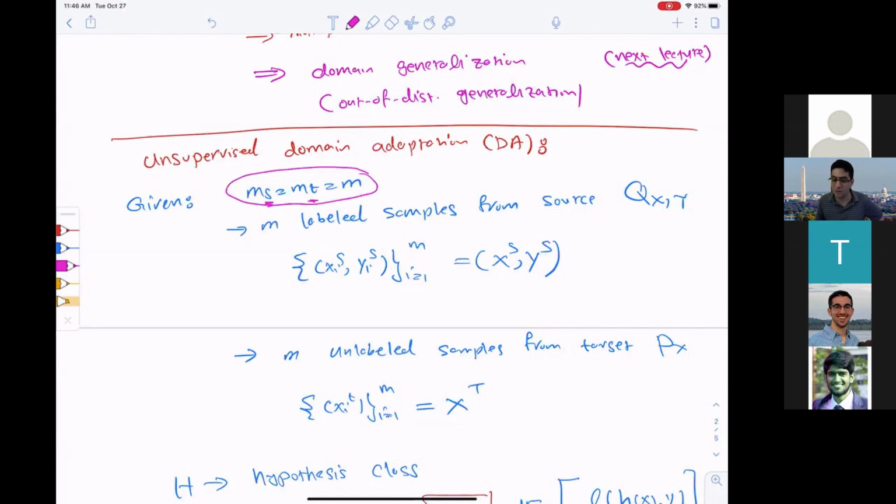You can extend all of these arguments to the general case. Also, I'm going to assume we are in binary classification for now, just for simplicity, it really doesn't matter. So my Y is going to be either 0 or 1.